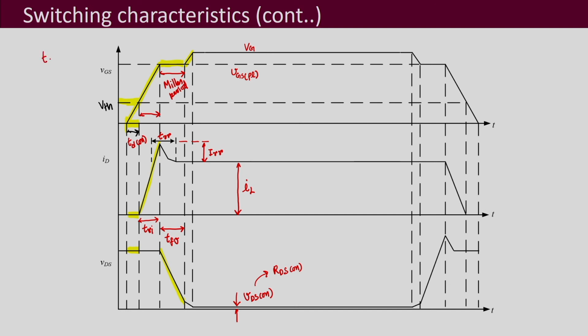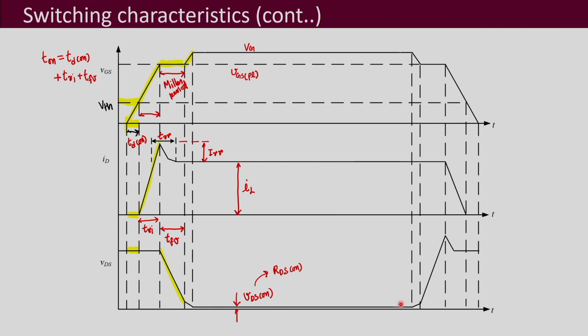Your on time period then can be written as TD on plus TRI plus TFV. Then further this continues to remain on while the gate pulse is there during this entire time. So, this is on.